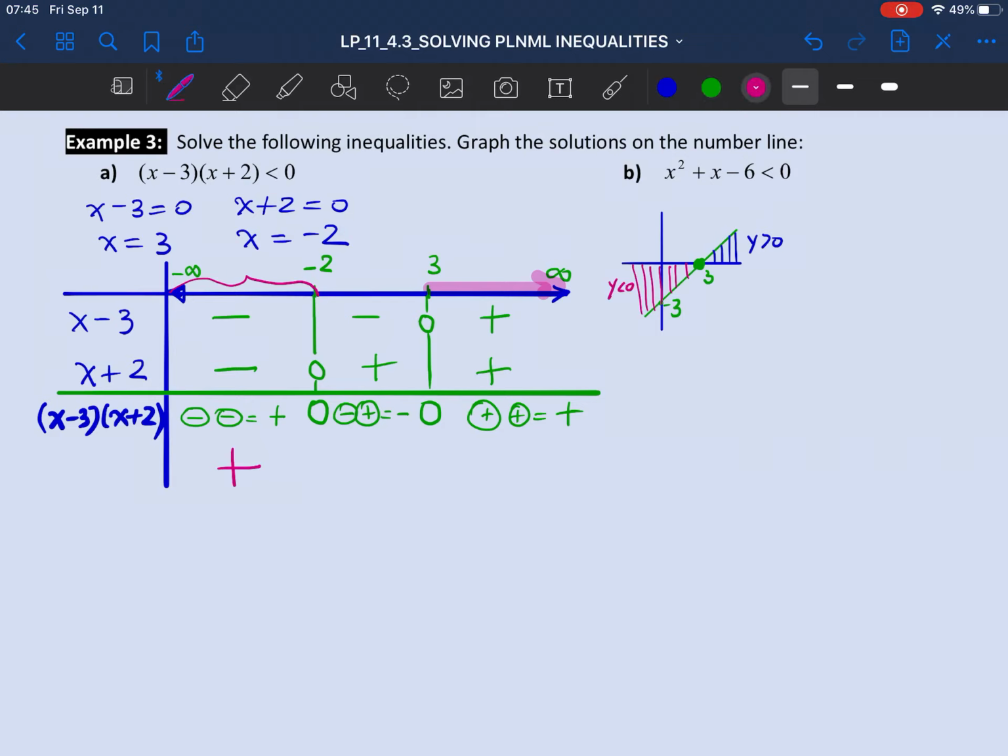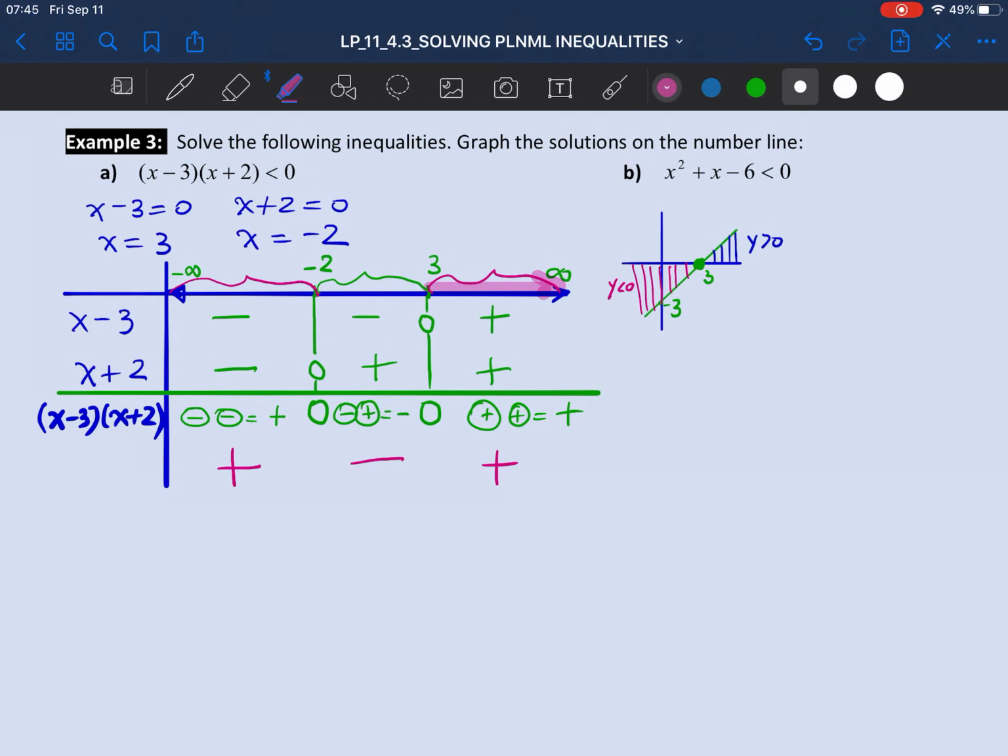It will be negative for the values between negative 2 and 3. And it will be positive for the values of x from 3 to infinity.